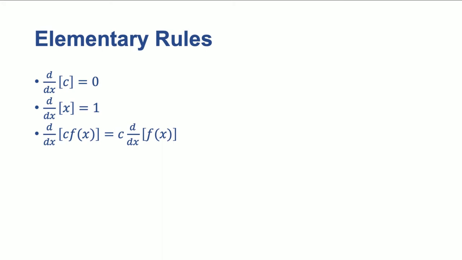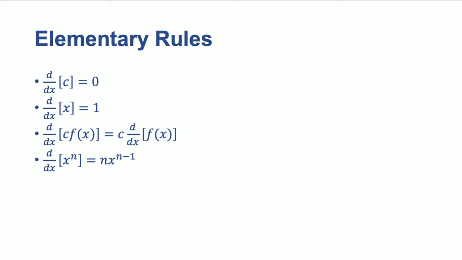So those were helpful rules, and then one of the most useful rules that we've used in single variable calculus has been the power rule. That said that the derivative of a variable raised to a power n is equal to n times x to the n minus 1 power. And that was very helpful for us.